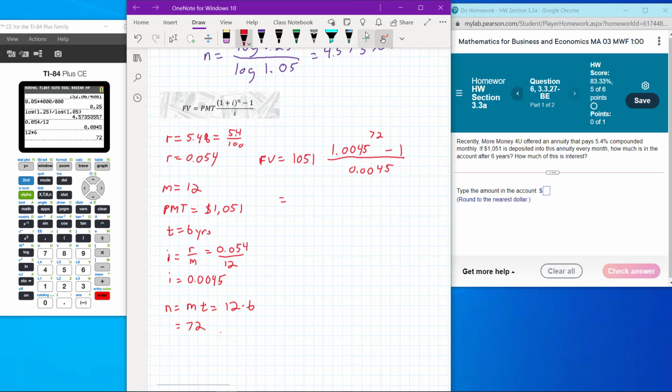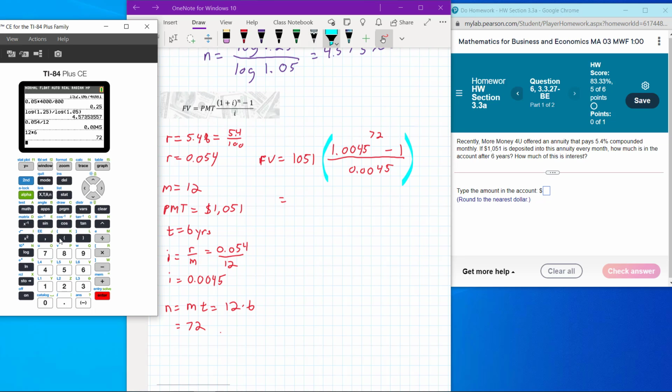Okay. Once again, we can do this in our calculator. First, I am going to compute this, and then I'm going to multiply this by the 1051. So to do that, I'm going to start off with parenthesis, 1.0045. I'm going to raise that to the 72nd power.